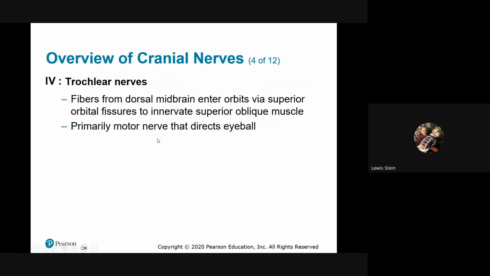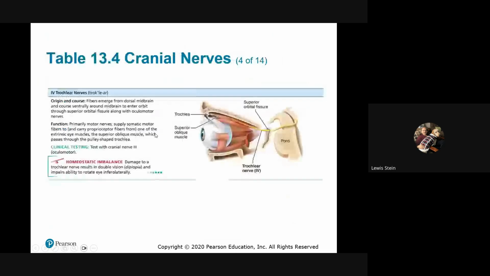We get to the trochlear nerve. The trochlear is the only nerve that emanates from the dorsal portion. The oculomotor is from the ventral midbrain. The trochlear is dorsal, so it goes around. I saw it on a couple of sheep. It's a primary motor nerve that directs the eyeball. Damage to the trochlear nerve causes double vision.